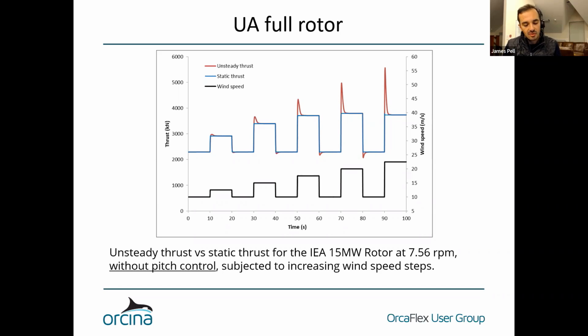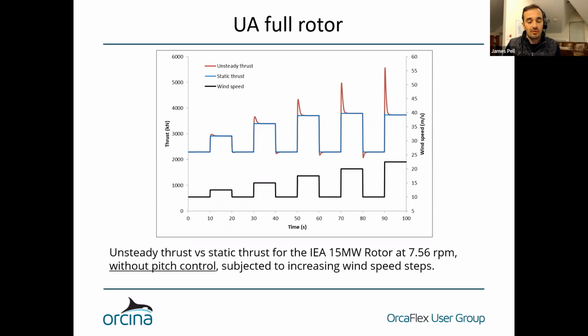Through the mechanisms we've been discussing earlier, when you have the unsteady aerodynamic calculation running, as you exceed the static stall angle, you actually still see an increase in lift. And that manifests itself in this model as these peaks in thrust. After some time, the way those models are set up, it decays back down to the static behavior, and that's why it tends back to the blue line after a few seconds.